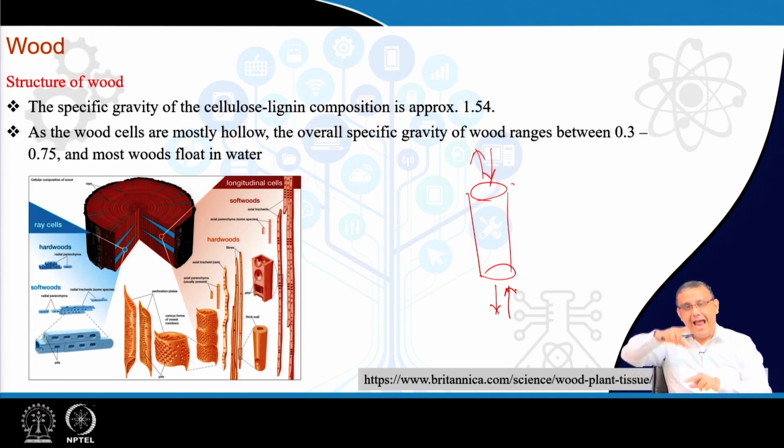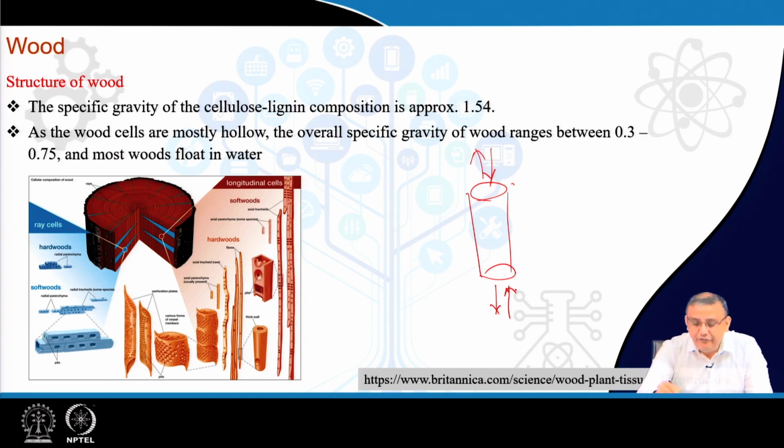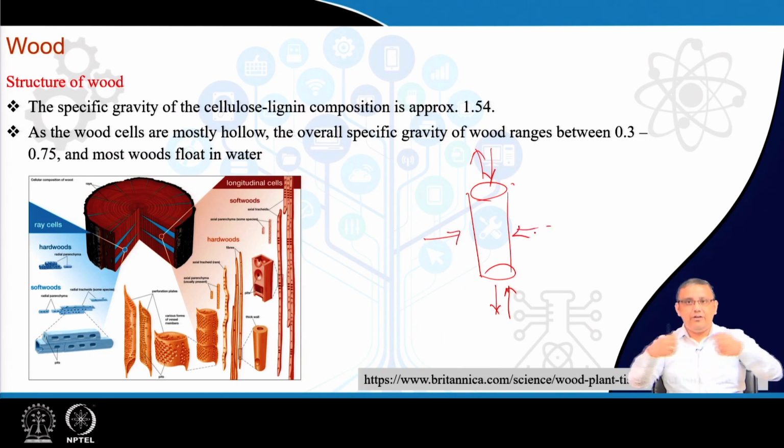That means along the direction of the cells, along the vertical direction, along the trunk direction, we have very good compressive strength, whereas if the cells are compressed along the transverse direction, along the horizontal direction, if the trunk is like this, then wood has very poor mechanical properties.